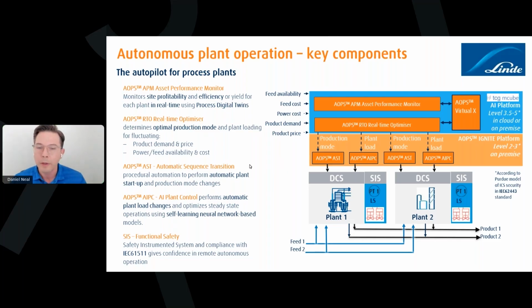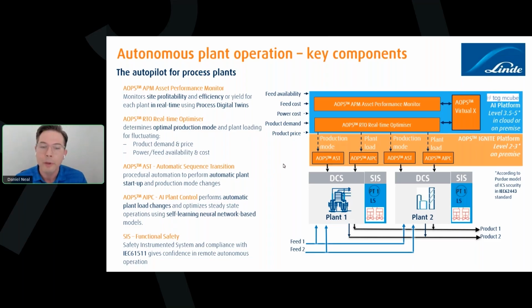And a little bit about what the platform does is it essentially emulates the operator actions that a normal control room operator would do, while not compromising the equipment protection and the safety system layers, which remain in the control system. And that's important, to keep those layers separate and in the DCS.